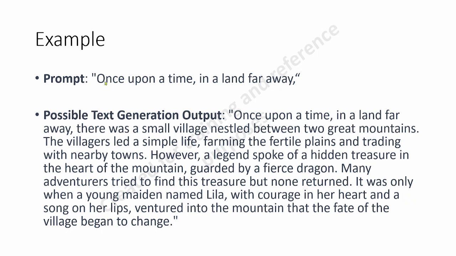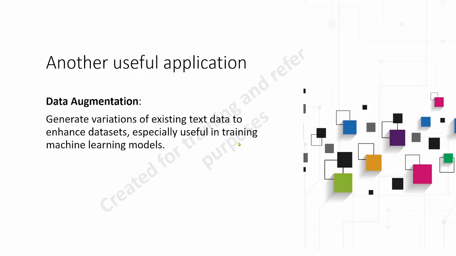Let's say the prompt is once upon a time in a faraway land, and after that, the model is going to generate meaningful text. So this is another very good example of text generation. Data augmentation is a very powerful application of machine learning, and it is useful to compensate for a lack of data.